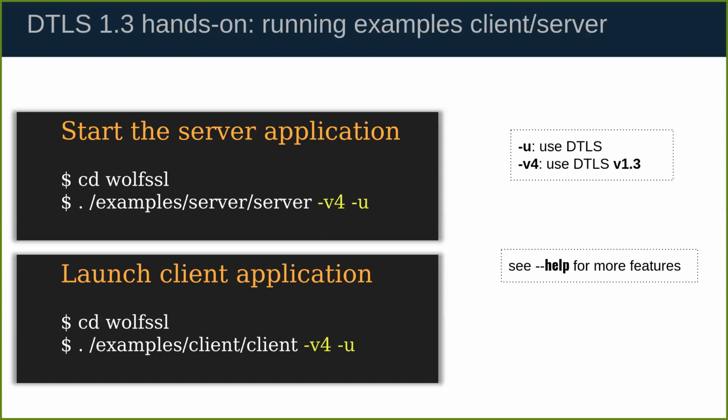And at the same time, in a separate terminal, you should run the client using the same options. And as before, you can use help to list all the other features that wolfSSL supports. For example, you can test out non-blocking with our apps. You can test out resumption, early data, and you can all take a look at this for yourself.